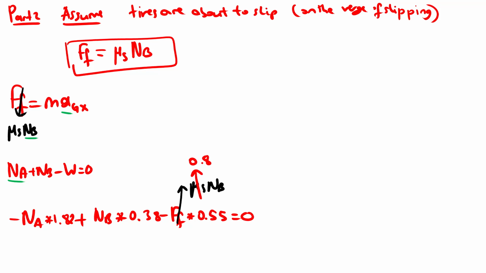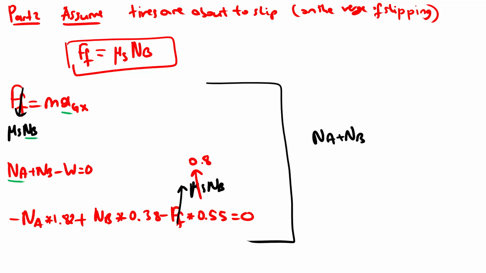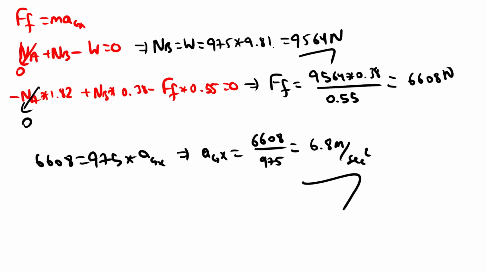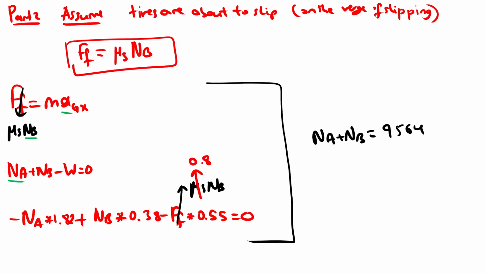The first is na plus nb will be equal to w, and then w is 9564, and then negative na times 1.82 plus nb times 0.38 minus 0.8 times 0.55 is equal to 0.